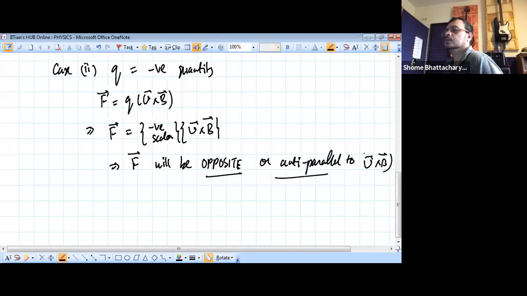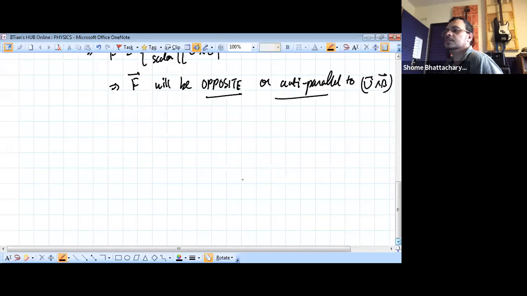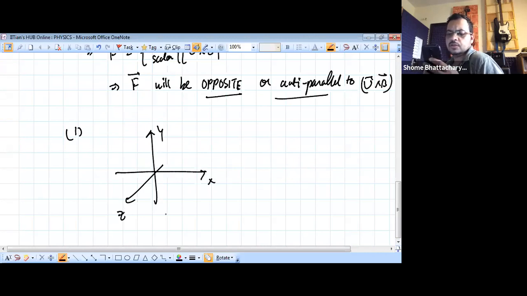So now suppose you have a case like this. Let's take the case 1, where in the XYZ plane, your v is shown to be along negative x-axis and your B is shown to be along positive y-axis.